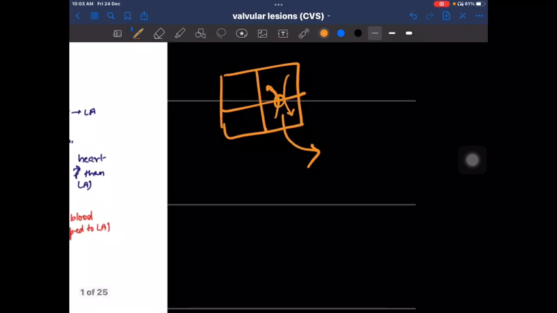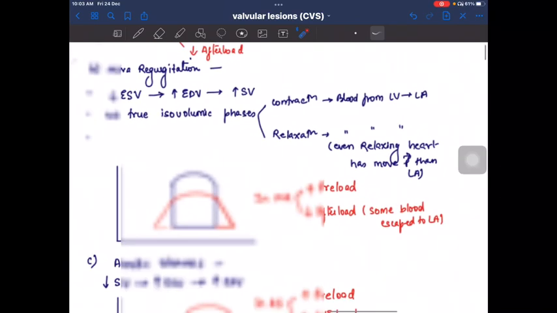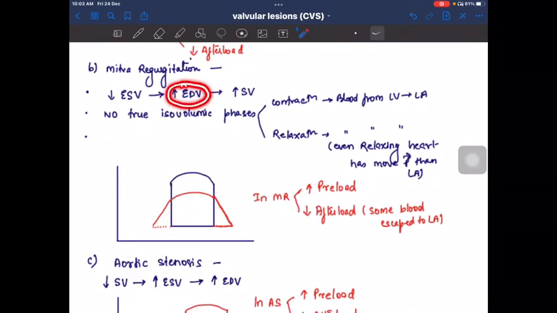But this extra blood that went back will also come along with this, right? So that is why the end diastolic volume is increasing, right? I hope it's clear. Very important. So now we see that this has increased, this has decreased, so stroke volume will increase.